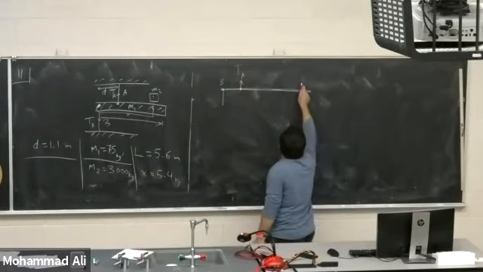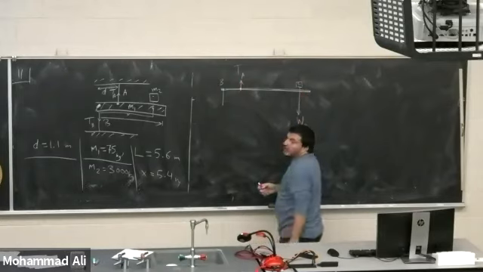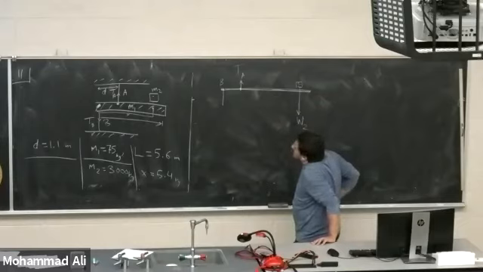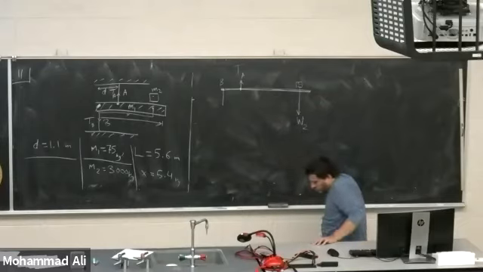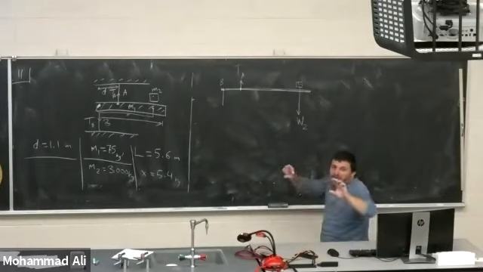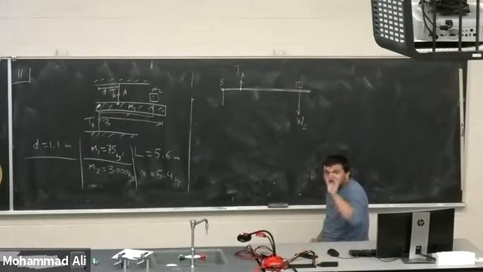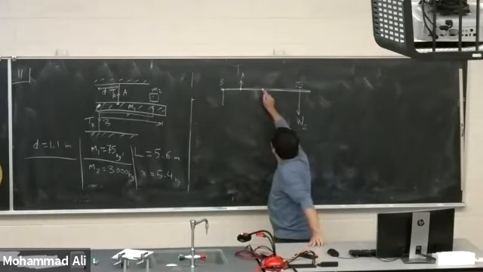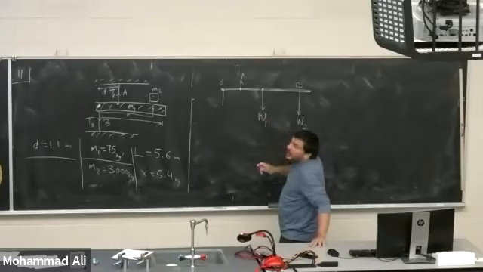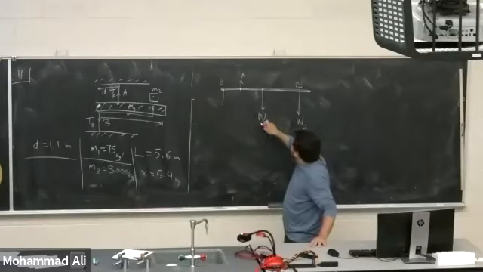We have a mass here, and its weight downward, we need to name it W2. We have also the weight of that rod, which is M1. This rod is uniform, and we can consider its mass at the center of it, which is here. So we can consider W1, which is the weight for this rod at this point.